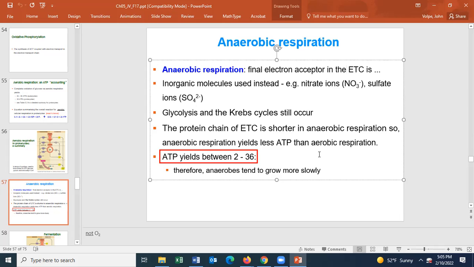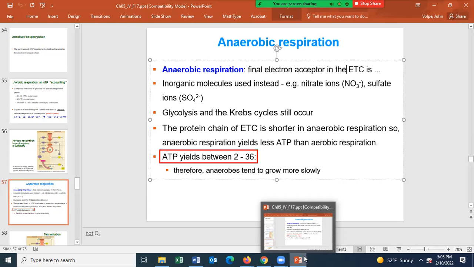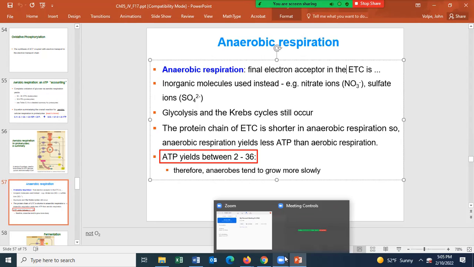And I forgot to put this in: the total number of ATP is less than is generated in aerobic respiration. The number is between 2 and 36, depending on which form of anaerobic respiration it is. Any questions about any of that?